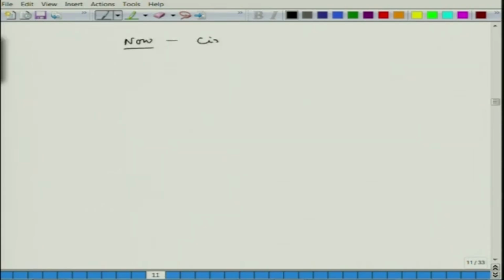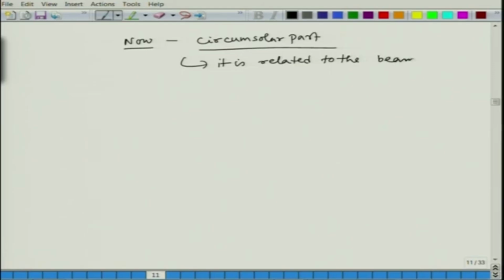Now, the next part, which is the circumsolar part. Okay. So, this circumsolar part you have seen so far that it relates to the direction of beam. Okay. So, it is related to the beam direction. Okay. And that is why we write it this way, IDCS, that is circumsolar, and then RBAC.